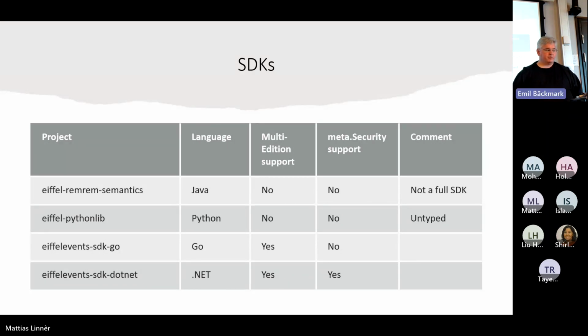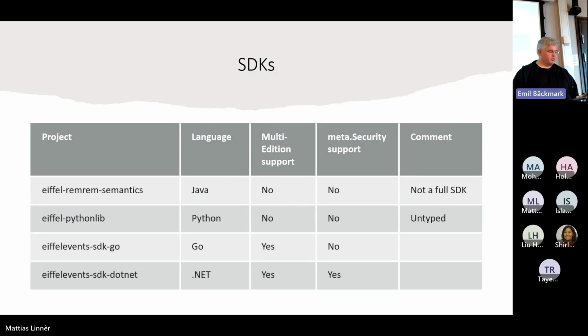Both of these also have support for multiple editions. So if you go into them, you can specify, I want to send an event with this edition. Also, the Go SDK is provided by Axis, and .NET is from DoWiles.